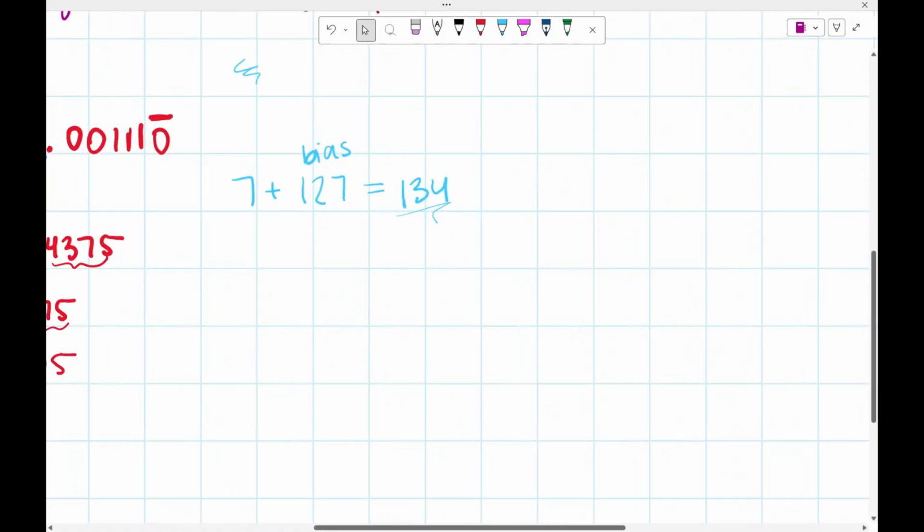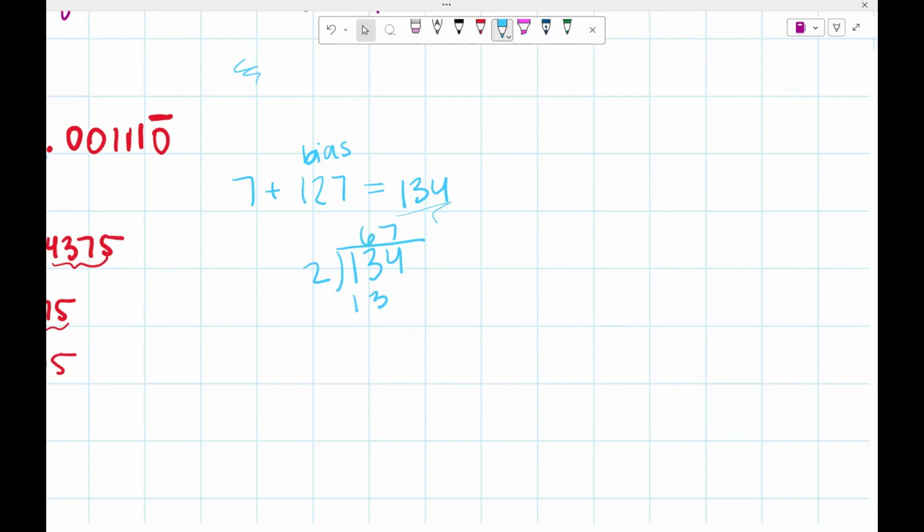Okay, so 134 divided by 2, that's going to be 67 at first. And this is going to be 33 right here.